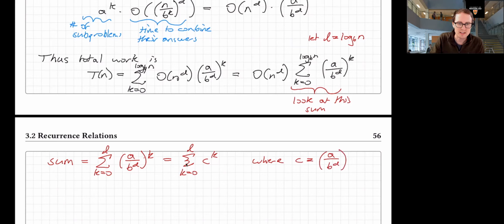If you look at this sum, it's actually a geometric series.